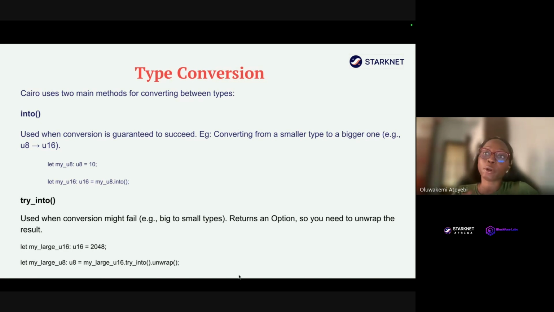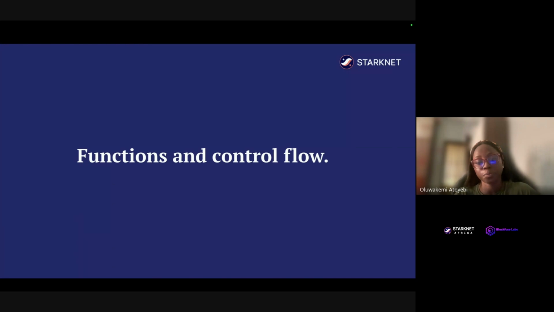So when it comes to type conversion in Cairo, you either use the into or the try_into method. If you are sure that your conversion is not going to fail, you use the into. But if your conversion might fail, then use the try_into method.